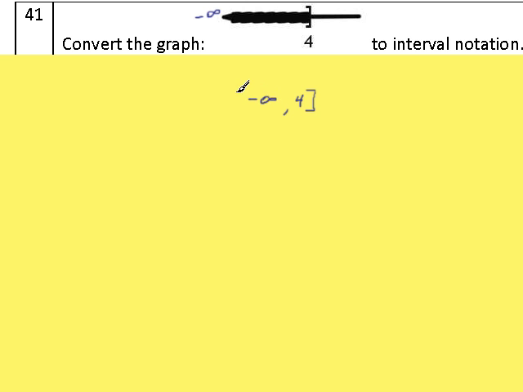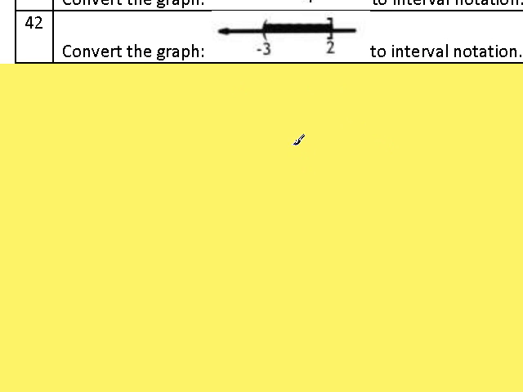And remember that infinity and -infinity always get a round. Right, this graph looks almost like the corresponding interval, which would be -3 on the left, 2 on the right. -3 gets the round, and 2 gets the square bracket.